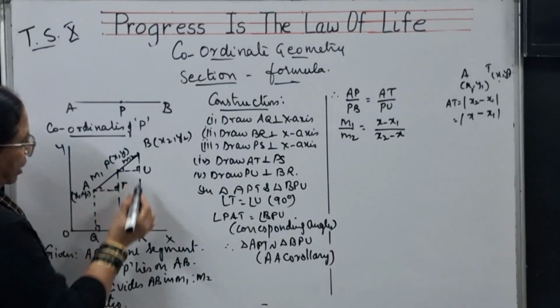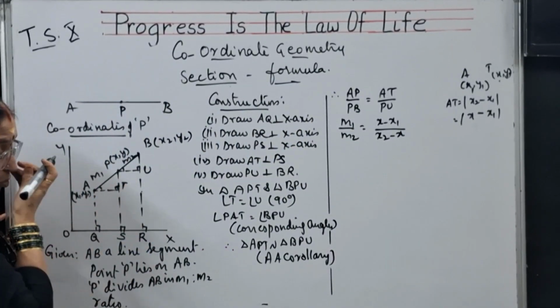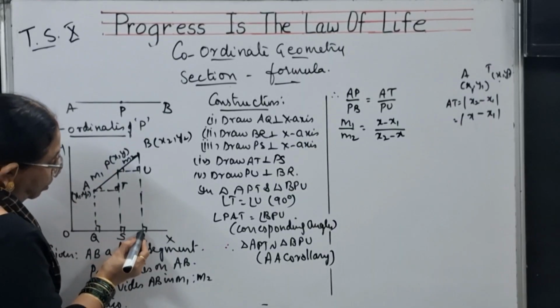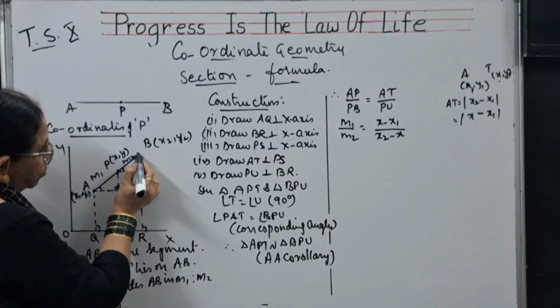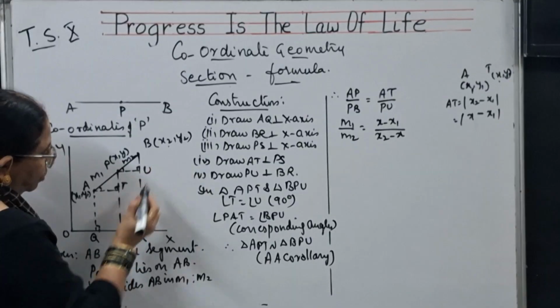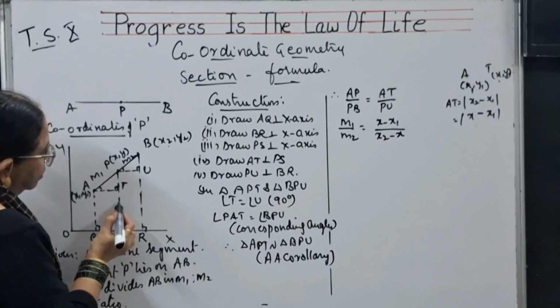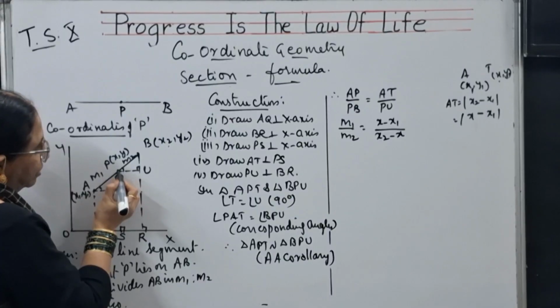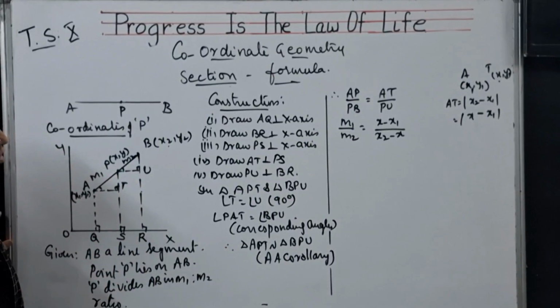See children, this is parallel to this. Modulus x2 minus x1. X value of this point is x2, so I wrote x2. X value of this point is nothing but x, so x2 minus x I wrote.